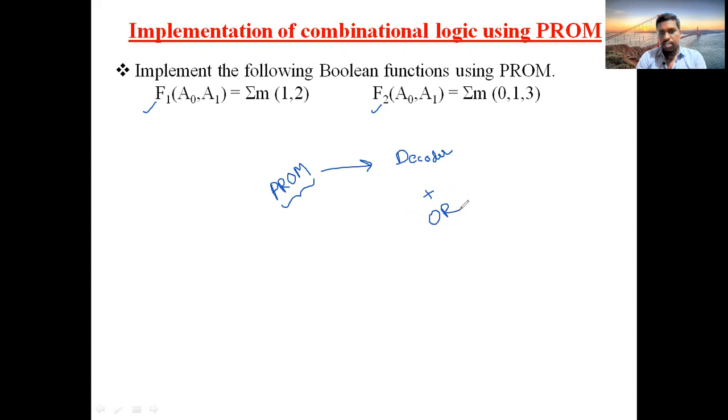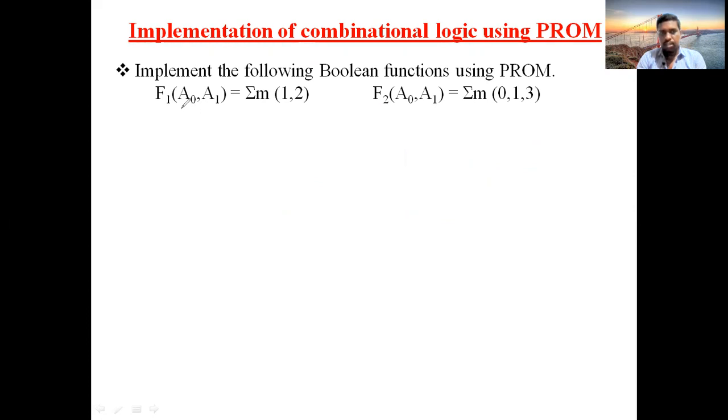This connection of decoder with OR gates is done with fuses. This entire pattern you should get into mind. PROM means first of all a decoder should be taken, and this decoder is linked with OR gates, and this linking will be done with fuses.